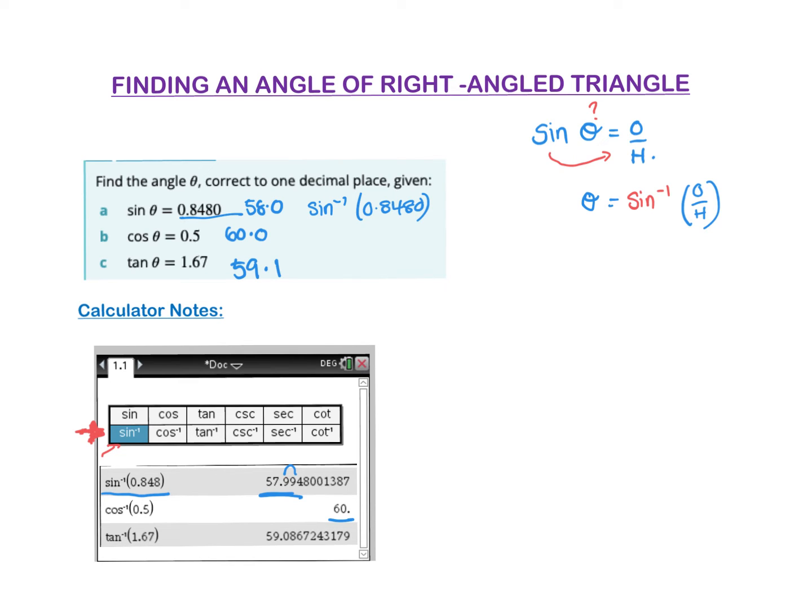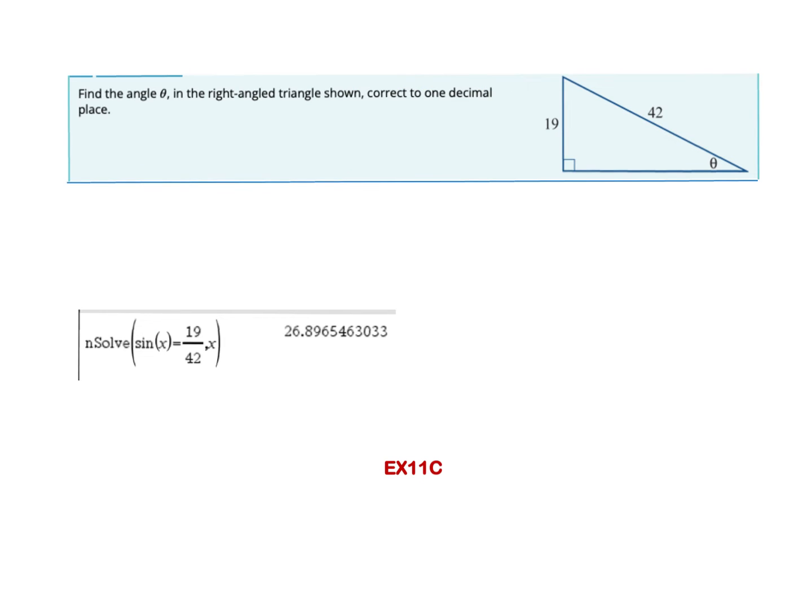Now on the next page, we're going to get given our questions, and we're still going to go through the same steps as we did before. Step 1 would be to label our triangle. So if we look at this 19, what side is the 19? It's the opposite. And what side is the 42?